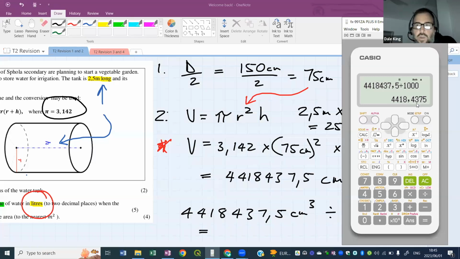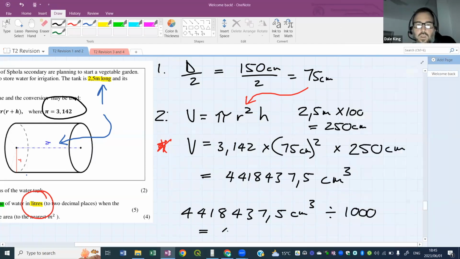So we're going to have to round it off. I'm looking at the 3, which is the second decimal. Will it change? Yes, it will. The 7 behind the 3 will make the 3 a 4. I'm going to write the whole thing out first, and then I'll show you how we change it. So 4418.4375 liters.